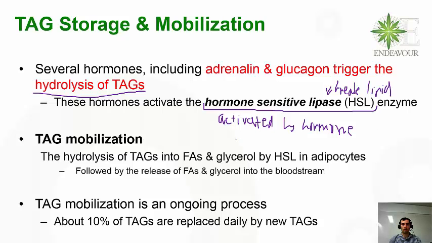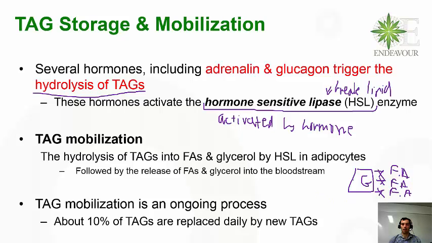So it splits the triacylglycerol into its individual components. So remember I showed you that triacylglycerol contains our glycerol and those three fatty acids. So essentially what the hormone-sensitive lipase is doing is cutting these ester bonds that connect the glycerol and fatty acids.